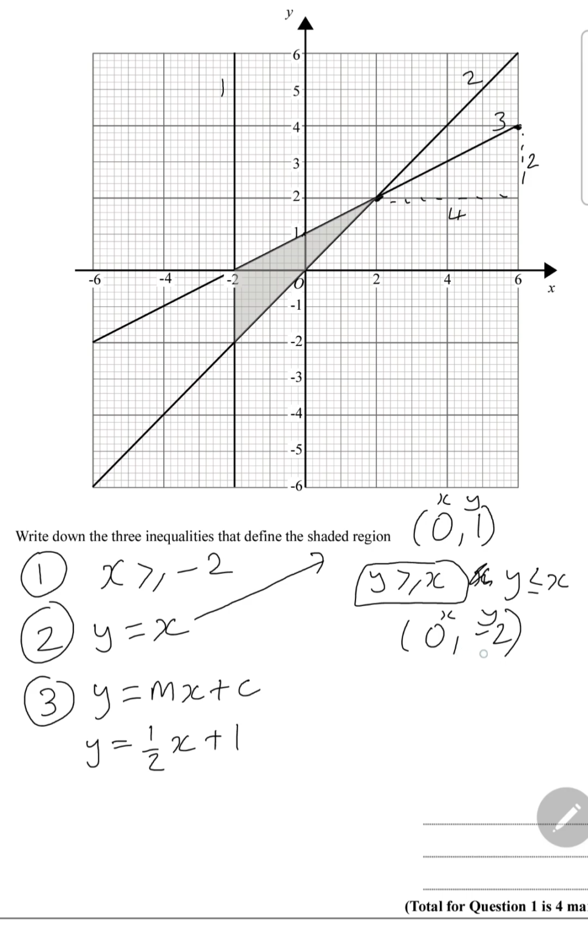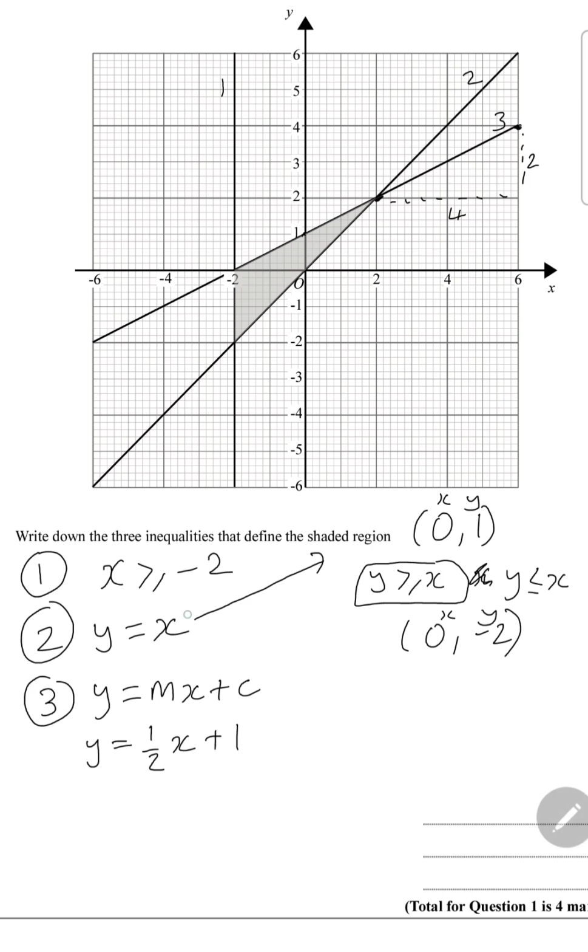So when the x coordinate is bigger, then obviously it doesn't satisfy the inequality y is greater than or equal to x. So really all you need to do is just get a point on one side of the line, and if it does satisfy the inequality, then you go with that. But what I've done there is just showing you a point that's on the other side of our line 2. Clearly that doesn't satisfy the inequality.